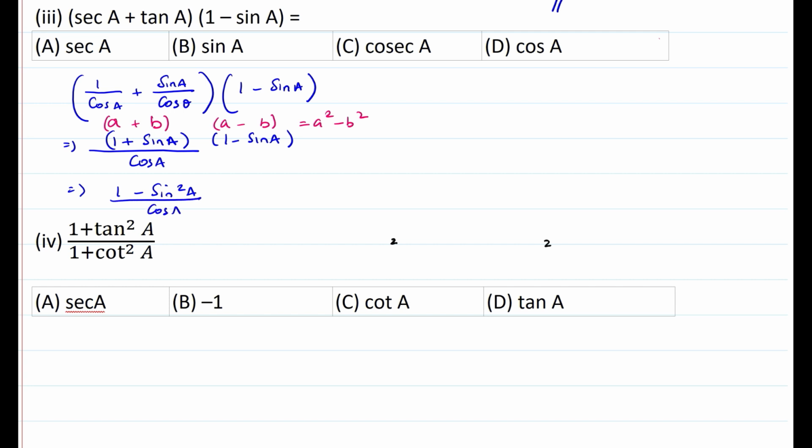You know the trigonometry identity formula: sin square A plus cos square A is equal to 1.